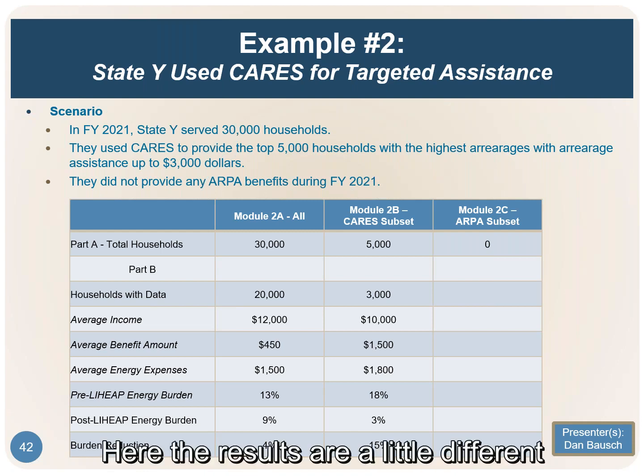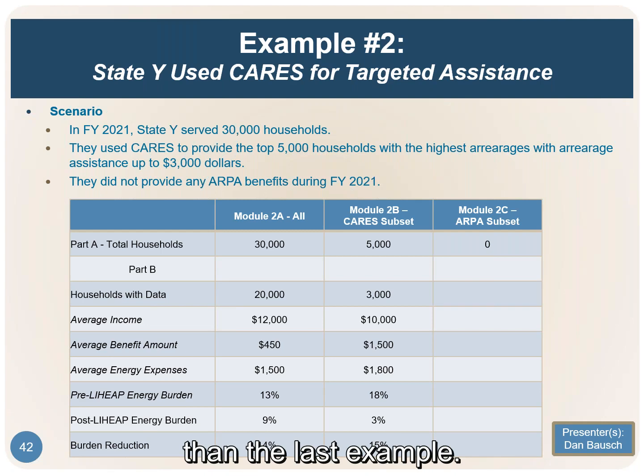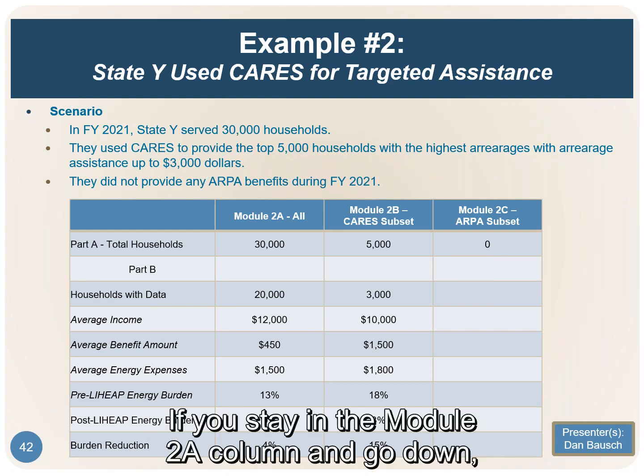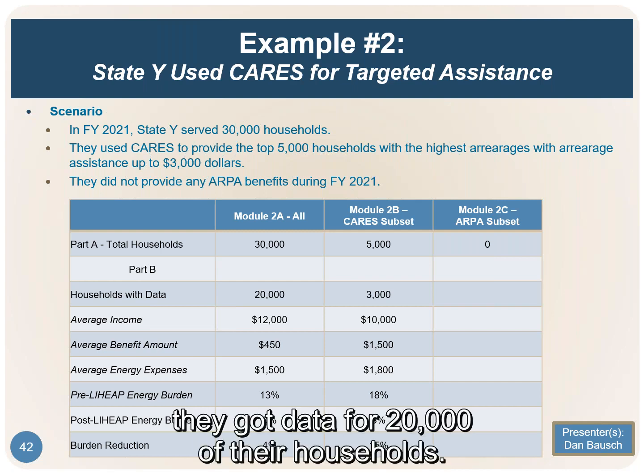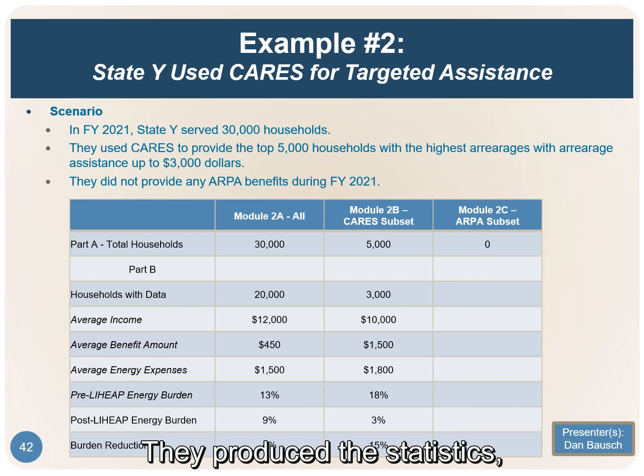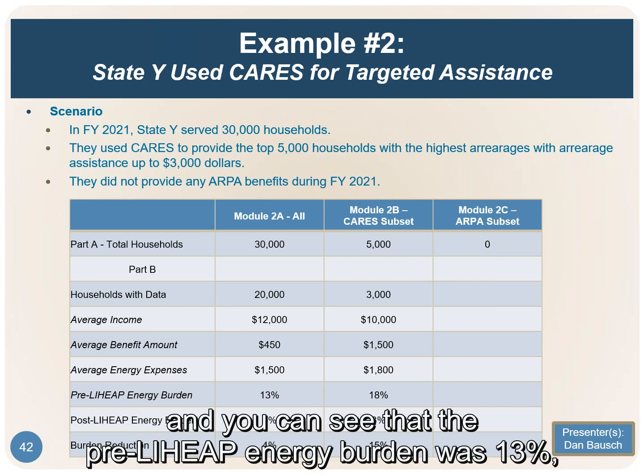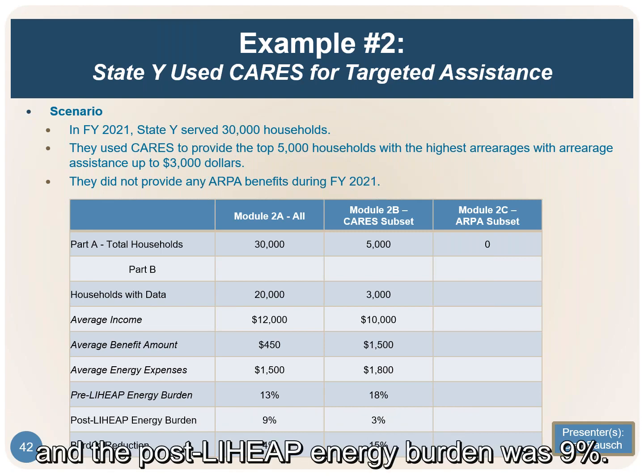Here, the results are a little different than the last example. If you stay in the module 2A column and go down, they got data for 20,000 of their households. They produced the statistics, and you can see that the pre-LIHEAP energy burden was 13%, and the post-LIHEAP energy burden was 9%.